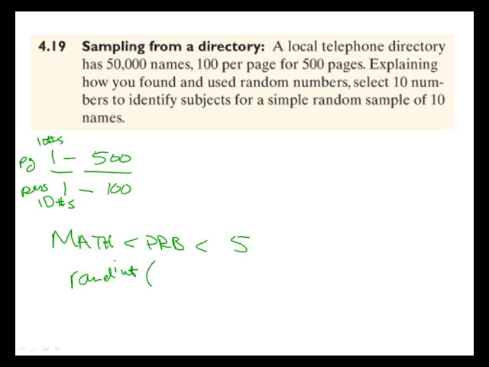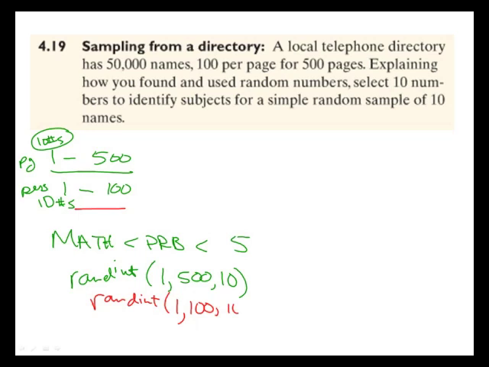And you could tell it here, I want 10 numbers between 1 and 500. So I would say 1, 500, 10. And then for these numbers, I would say randInt 1, 100, 10.